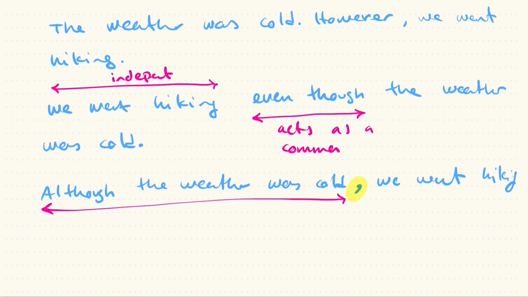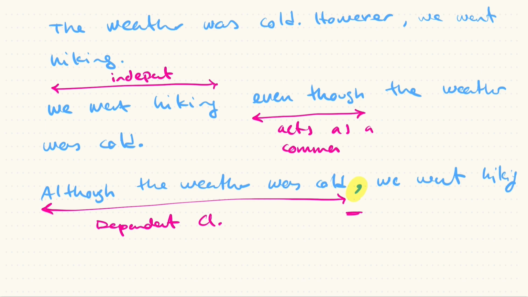So although the weather was cold is dependent, obviously. If you write this or say this to someone, although the weather was cold, they're expecting the sentence to finish. It's not a finished thought. So this is obviously a dependent clause. And because it's a dependent clause, you need to separate it from the independent clause with a comma right here.